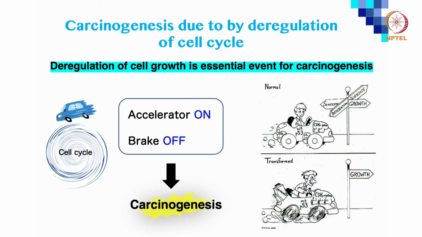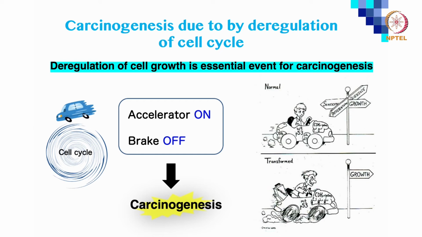Carcinogenesis is due to this deregulation of cell cycle. In other words, deregulation of cell growth is an essential event for carcinogenesis. Deregulation of cell cycle is caused by accelerator on and brake off.